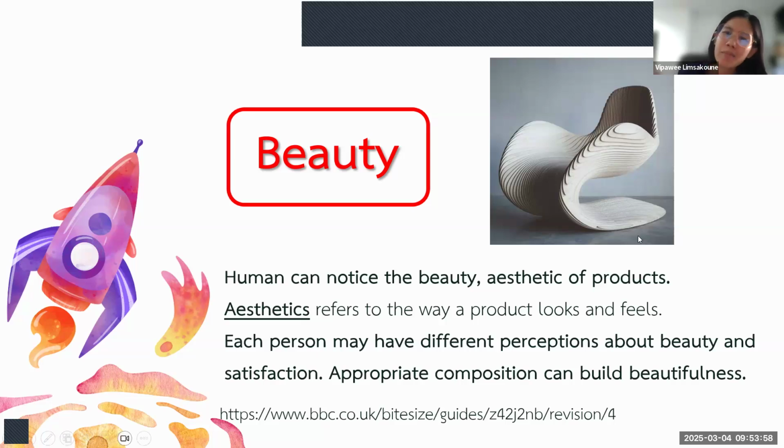For this picture of the chair, I noticed that it looks smooth to me, no rigid edge. It's not going to hurt my hand when I put my arm down there. It looks soft, although it's a hard material, wood. It looks curvy. So that's one example of designing beauty.